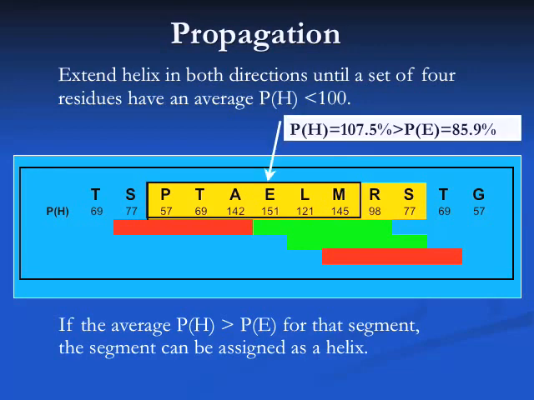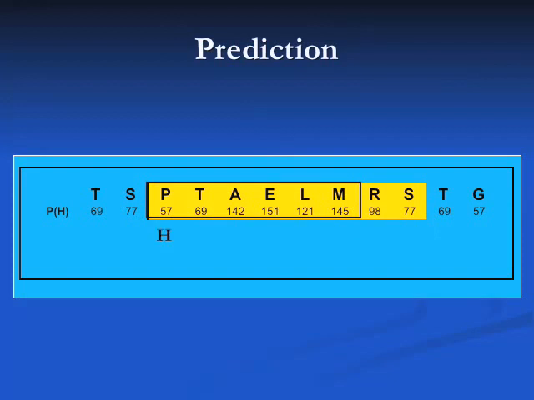So the Pα there is 107.5%, and that's greater than the Pβ, which is 85%. So that area there is assigned as a helix, and then my prediction is going to be that all of that is a helix right there.